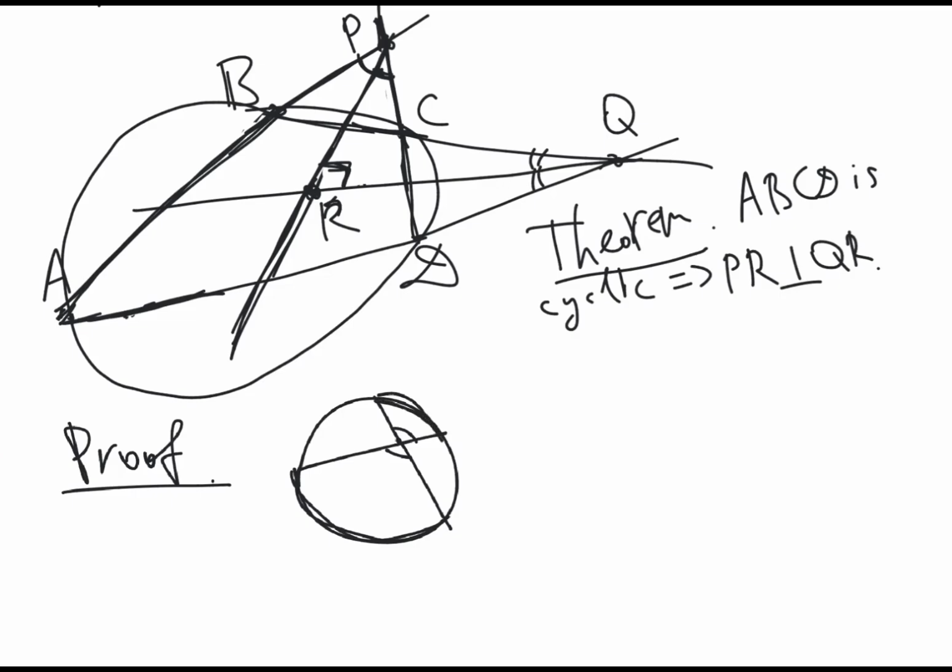So if this arc is alpha and this arc is beta and this angle is gamma, then gamma is equal to 1/2 of alpha plus beta. So half of the sum of these arcs that it subtends.